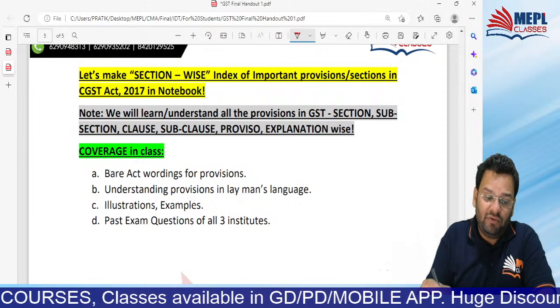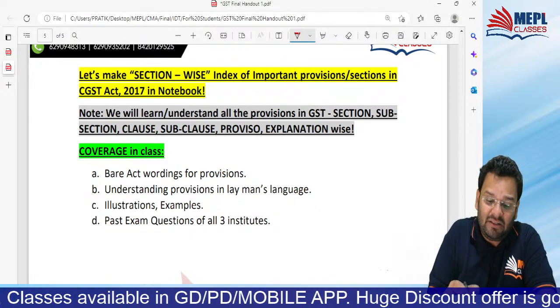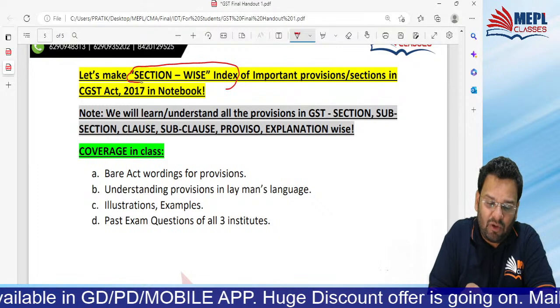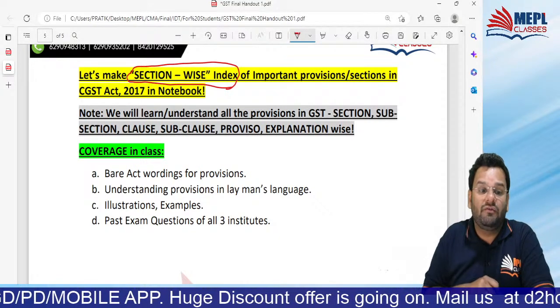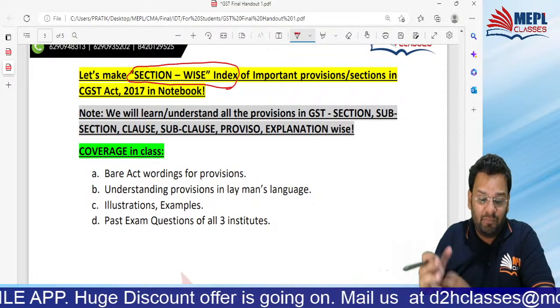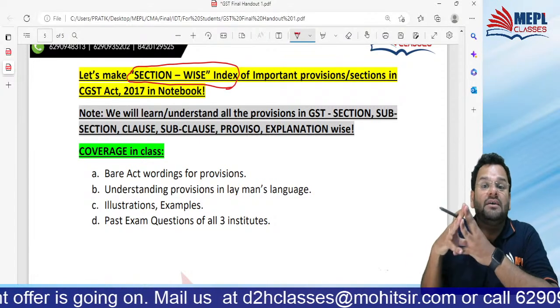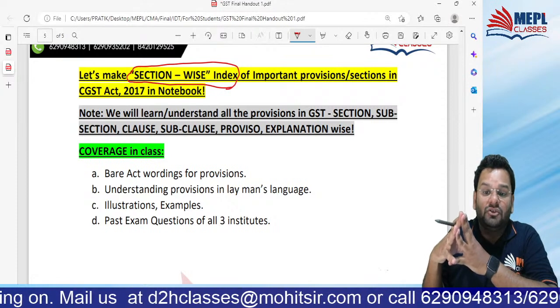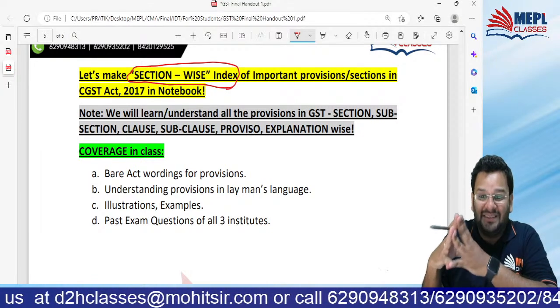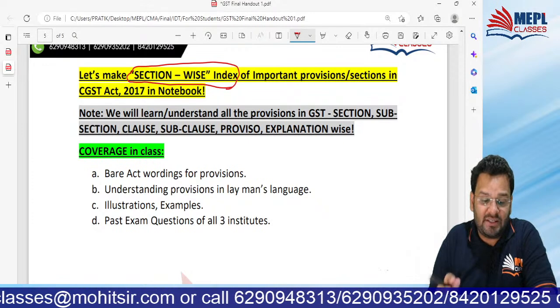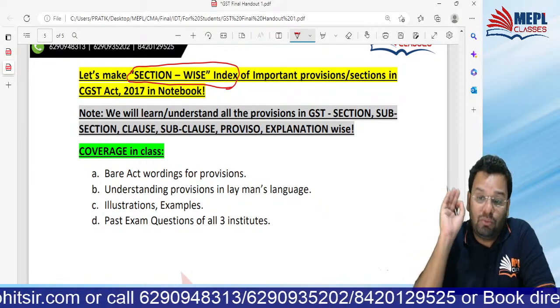So we are going to make a detailed section-wise index of CGST Act. When we make this section-wise index, automatically we are going to run through the syllabus. So let's make a section-wise index of this CGST Act in your notebook.